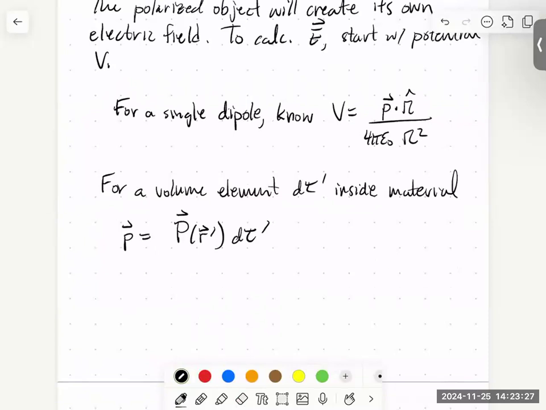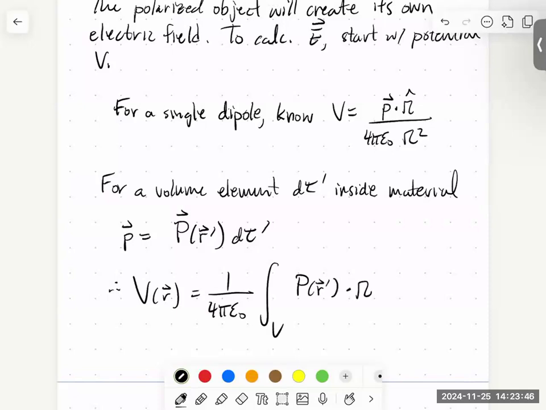potential for our dipole, and so we say therefore the potential integrated over all the d taus that make up our entire volume is going to be this volume integral of the polarization dotted with r hat over r squared d tau prime.